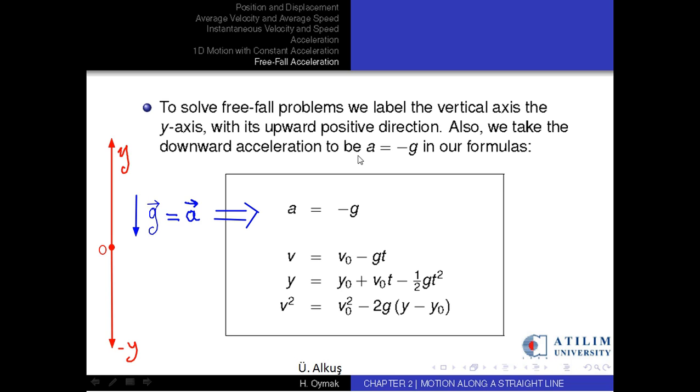As a result, we obtain the following formulas for free fall. a is minus g, v is v0 minus g t, y is y0 plus v0 t minus 1 over 2 g t squared, and v squared is v0 squared minus 2g times y minus y0.